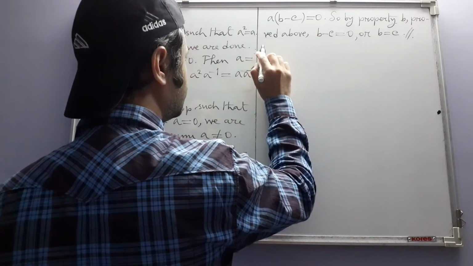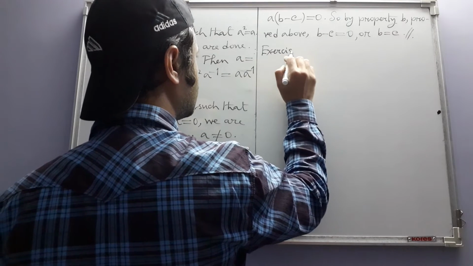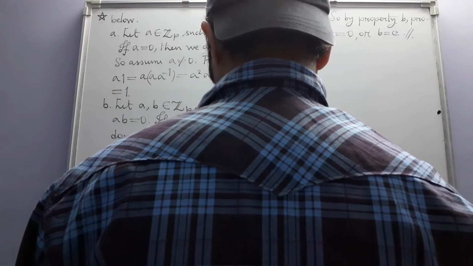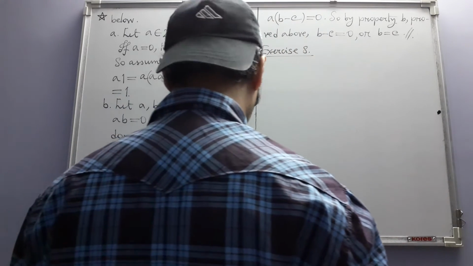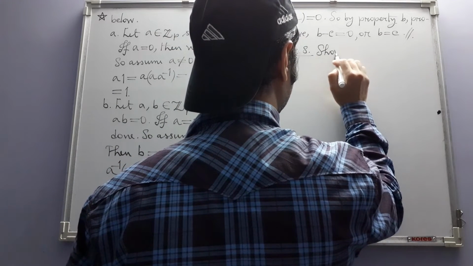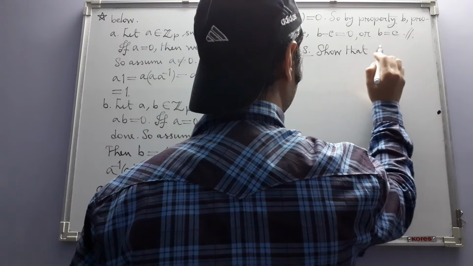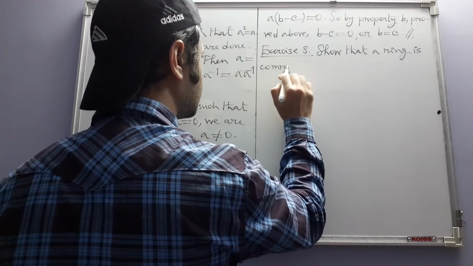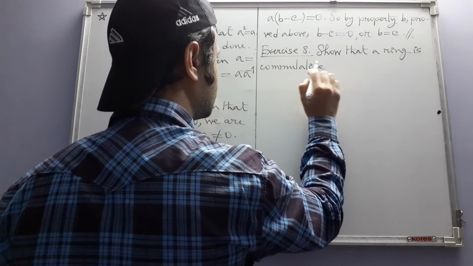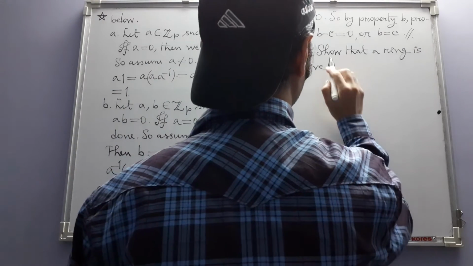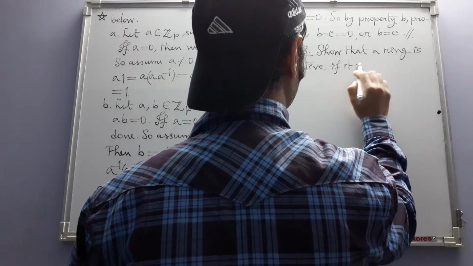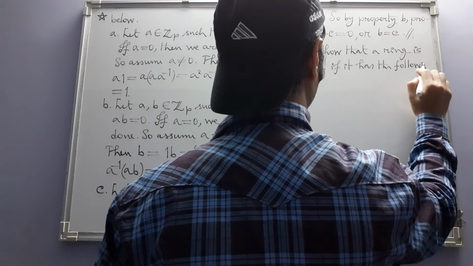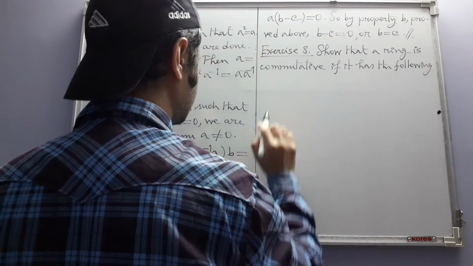Then 8. Show that a ring is commutative if it has the following property.